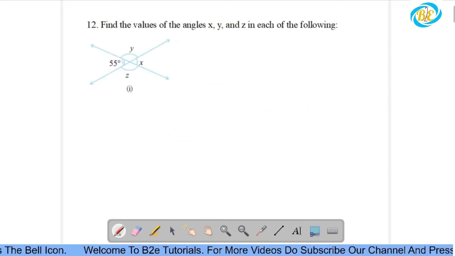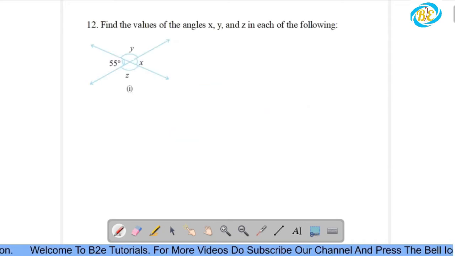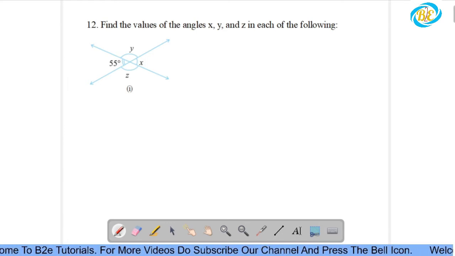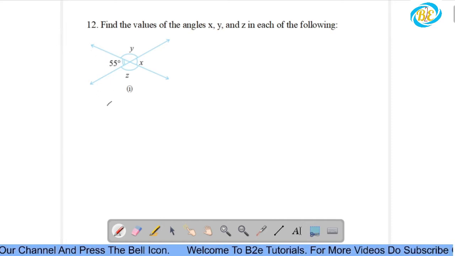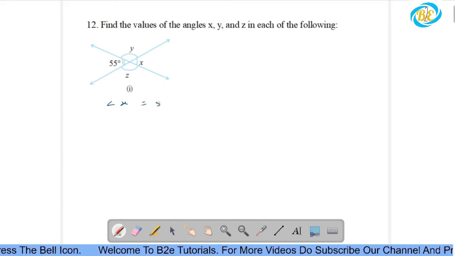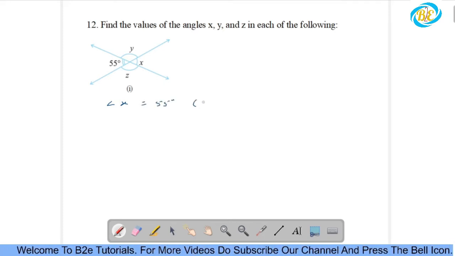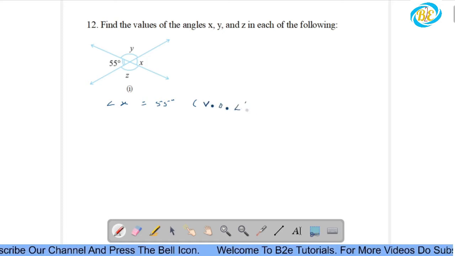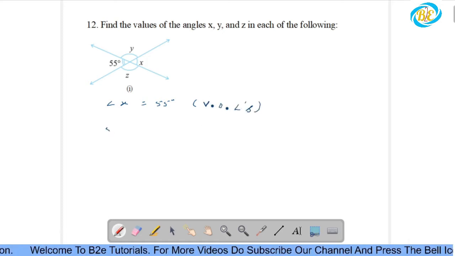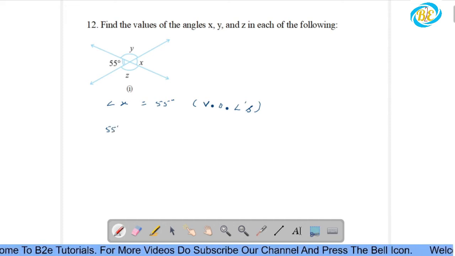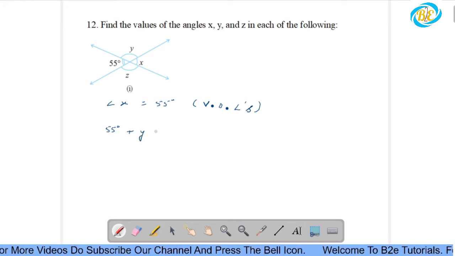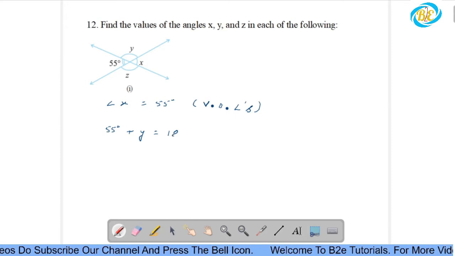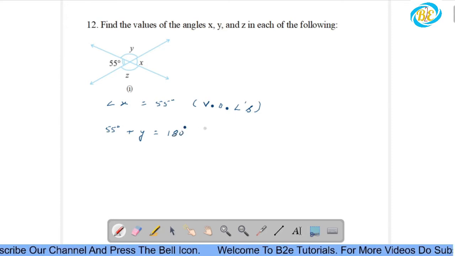Come to next. Question number 12. Find the value of the angles x, y and z in the following. Here angle x equal to 55 degree. This is vertically opposite angles. Now 55 degree plus y equal to 180 degree, because these are linear pairs.